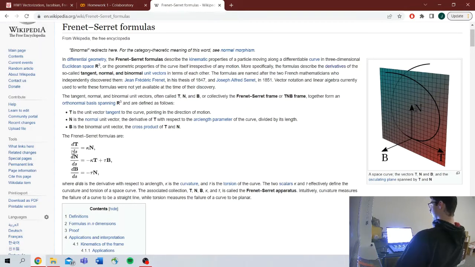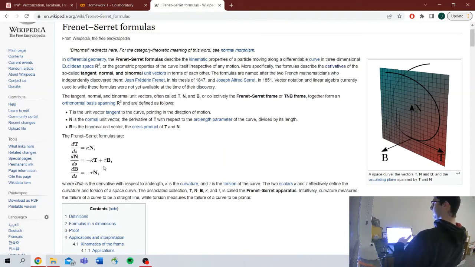So the derivative of the tangent with respect to s is the normal times the curvature of the curve. And then these are the other two, where the curvature shows how different the curve is from a straight line.